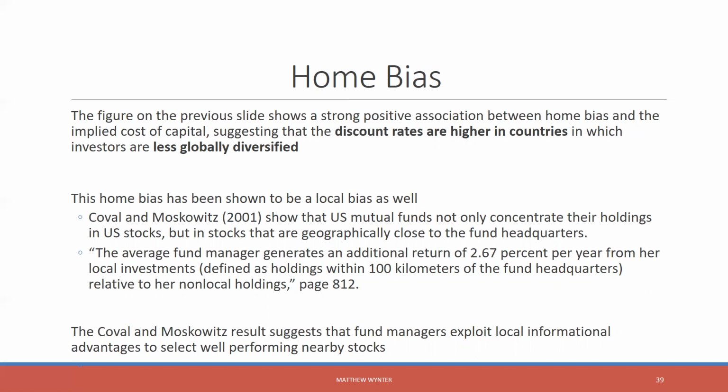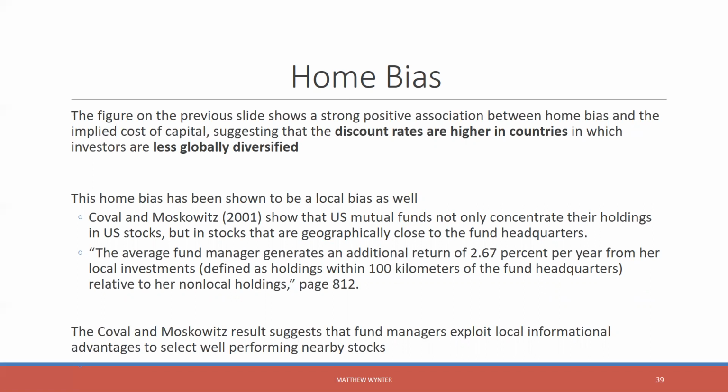So Coval and Moskowitz 2001 show that US mutual funds not only concentrate their holdings in US stocks, but in stocks that are geographically close to the fund headquarters. They find that the average fund manager generates an additional 2.67% per year from her local investments, defined as holdings within 100 kilometers of the fund headquarters, relative to her non-local holdings.